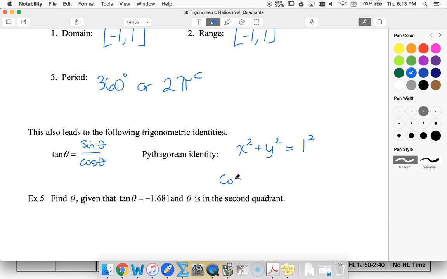X is the same as cosine of theta, so when I say cosine theta squared plus sine theta squared, that's equal to 1. 1 squared, of course, is just 1. Another way to write cos theta squared is to write cos squared theta. So this means the whole cos theta value squared. So that's another way to write this. And those are my identities.